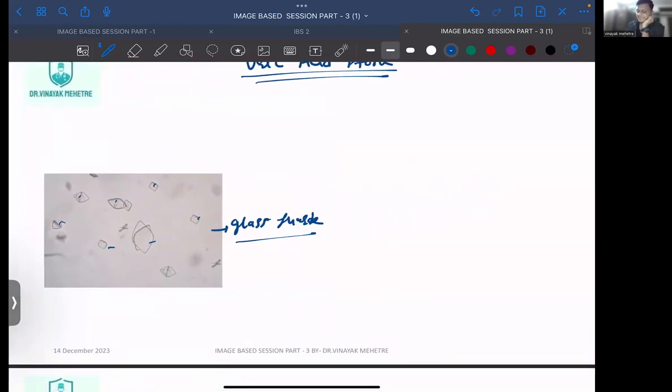Okay, कहाँ मिलता है? Uric acid stone will be seen in the diseases which increase uric acid. Logic, right?